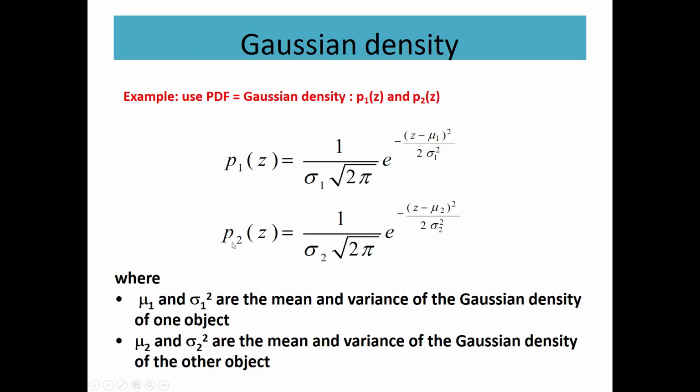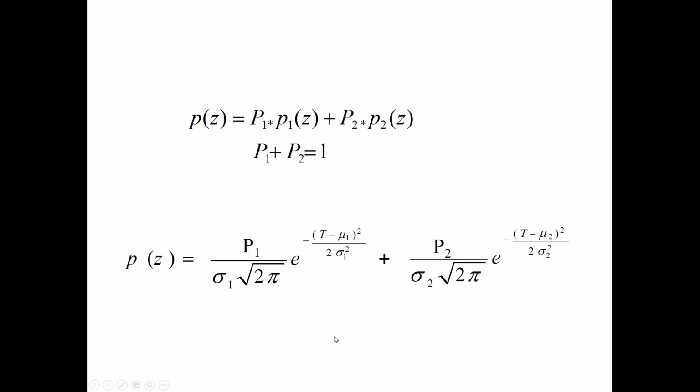Similarly, we are going to consider p2 also a Gaussian probability density function, where mu1 and sigma1 square are the mean and variance of the Gaussian density of one object, and mu2 and sigma2 square are the mean and variance of the Gaussian density of the other object.